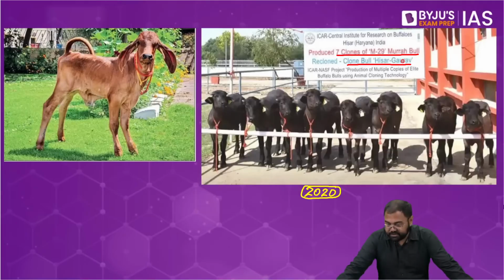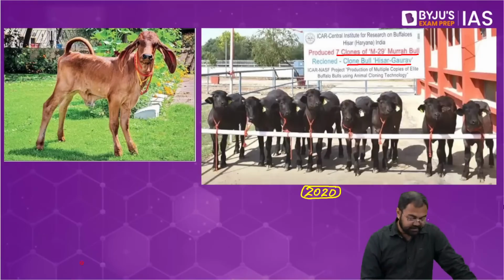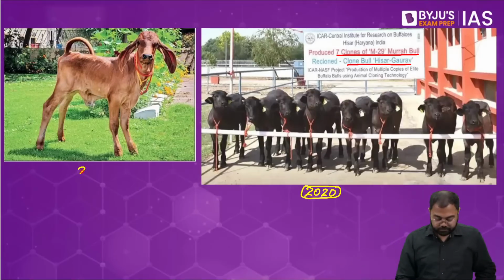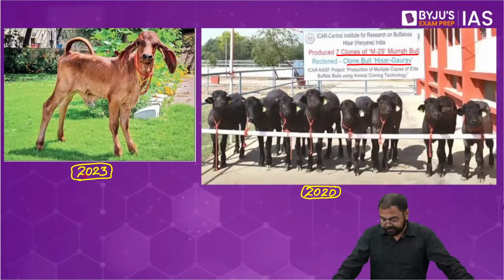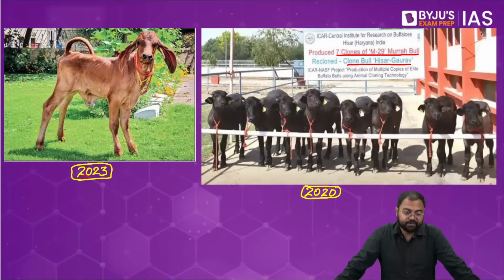So this was a case of cloning and recloning in India back in 2020, and then after that there has been a new cloning done in 2023, a new cloning that was carried out this year, in the early months of this year.